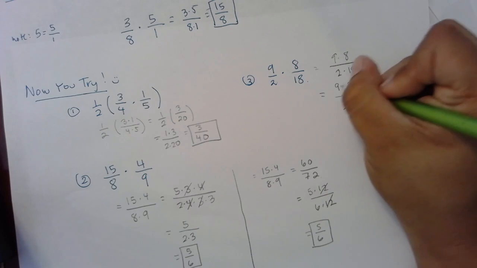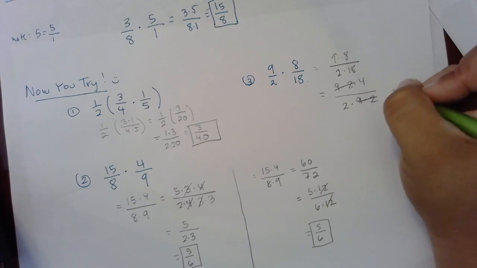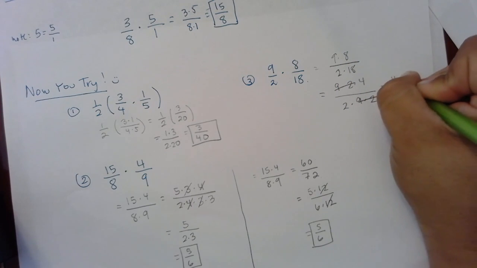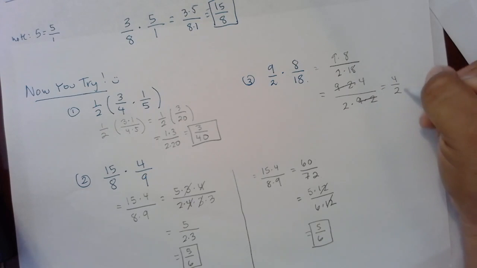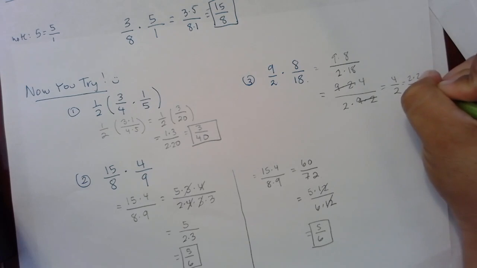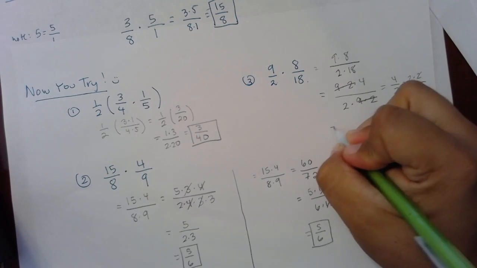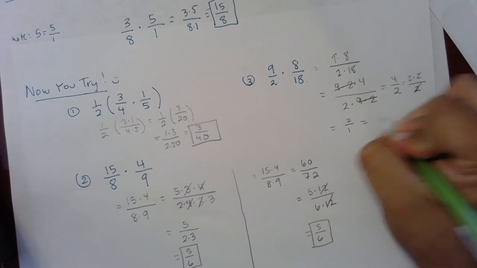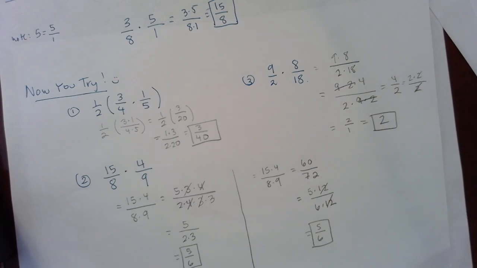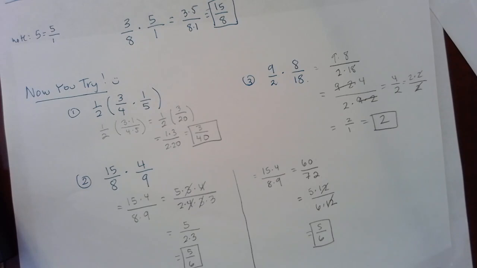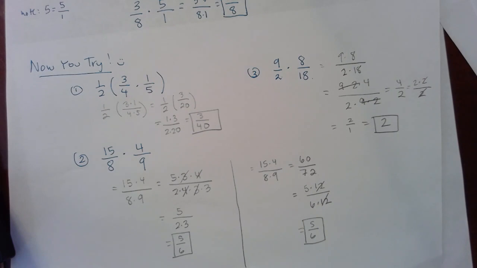So interestingly, these factor out. Then I get 4 over 2. But is this simplified all the way? Well, no, because 4 is equal to 2 times 2, and that's over 2. So these two cancel out, and you're left with 2 over 1. But that, of course, is just 2. Okay? So go ahead and give yourselves a pat on the back if you got that correct.